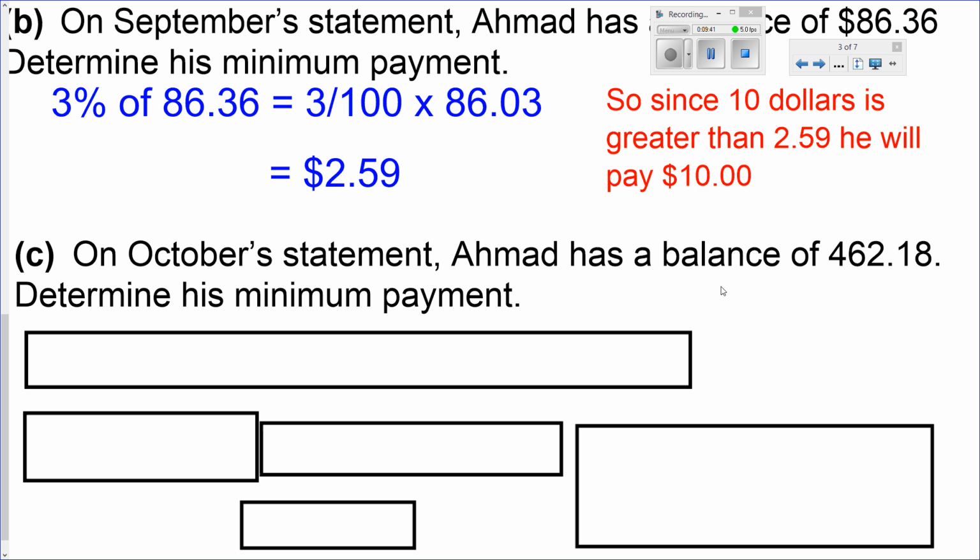Now, you've got to remember, if we took 3% of that number and it was less than $10, we still had to pay $10. But let's say we had something that was more than $10. Then you'd just be charged that amount of money by the credit card company.